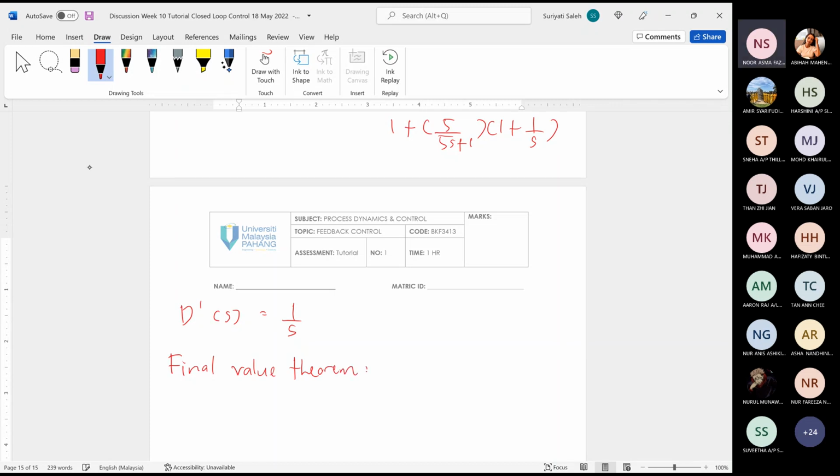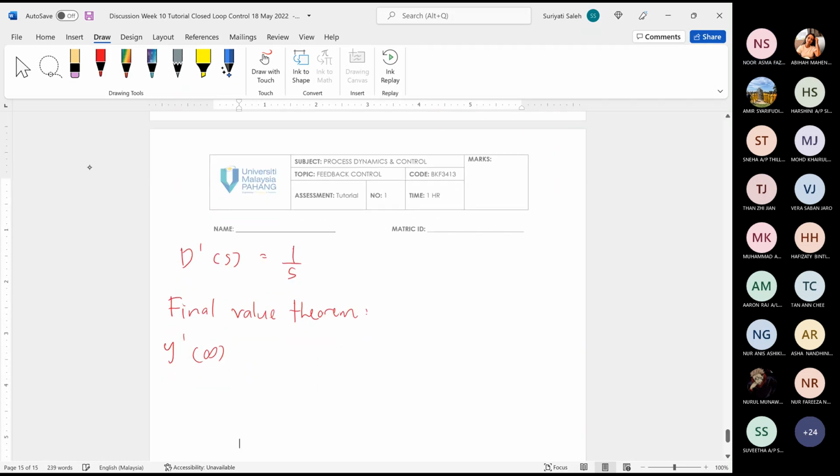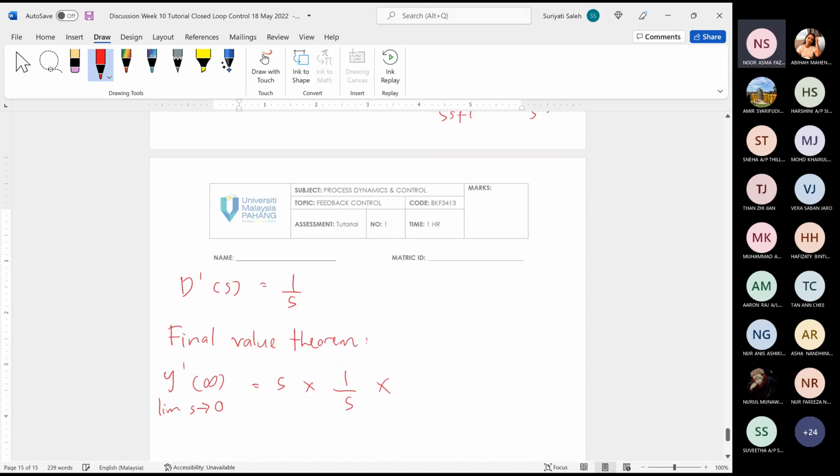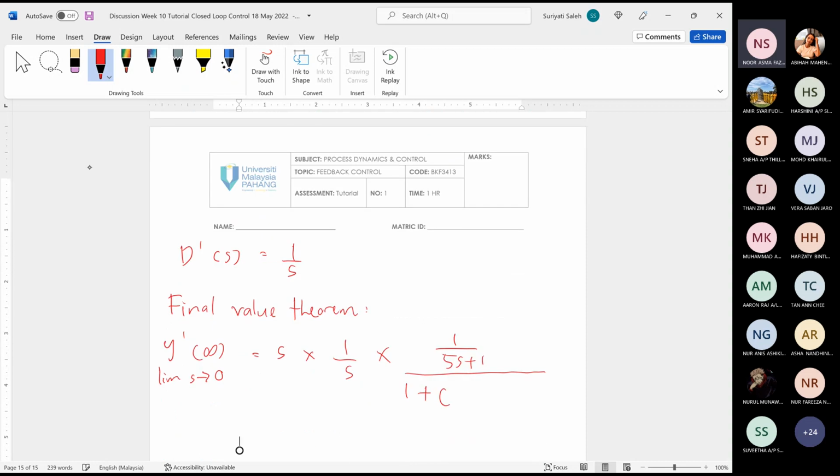So y prime infinity equals the limit as s approaches 0 of s multiplied by 1 over s, multiplied by 1 over 5s plus 1, divided by 1 plus 5 over 5s plus 1, times 1 plus 1 over s.